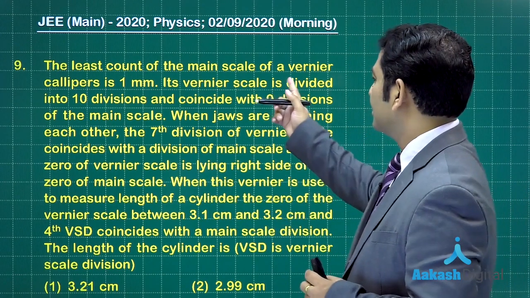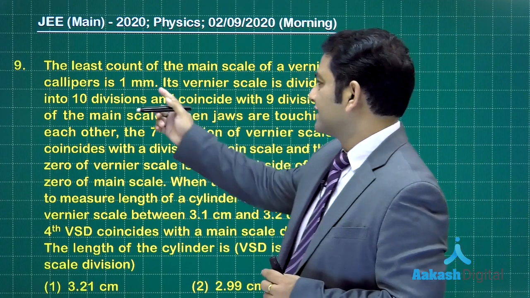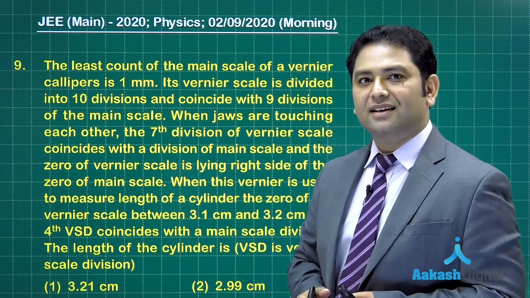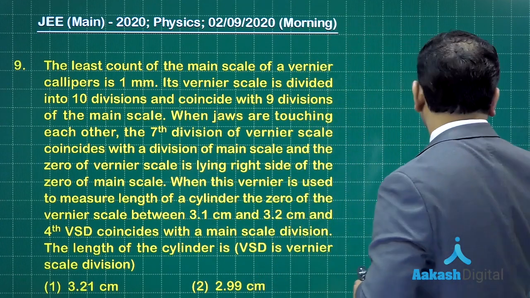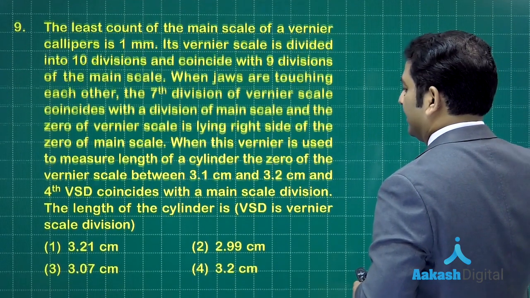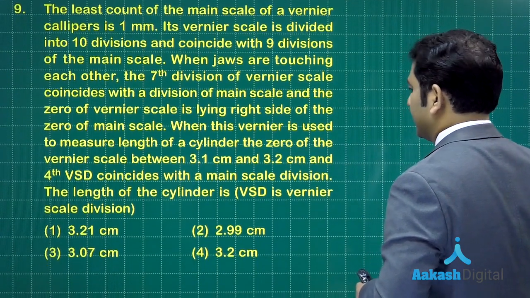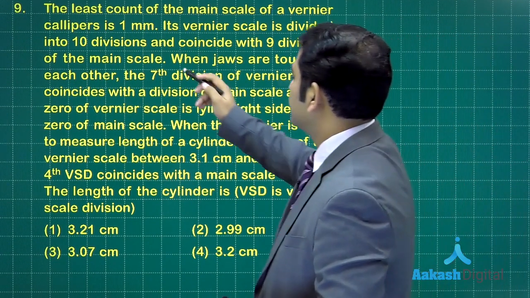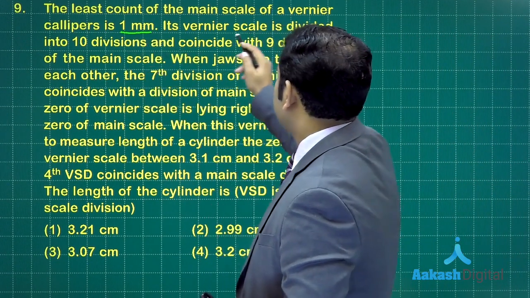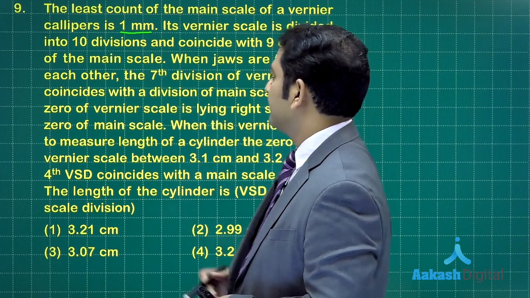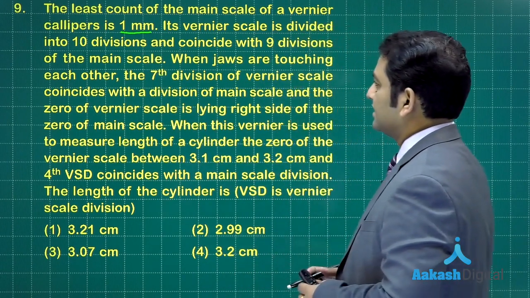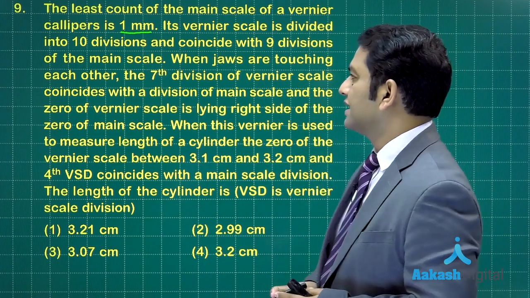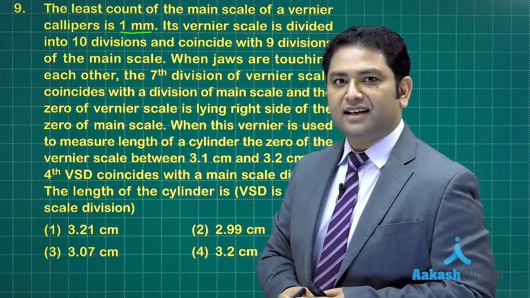The least count of the main scale is this much. So 1 MSD, the main scale division, is 1 millimeter. So the question says 1 MSD is 1 millimeter and there is a vernier scale which is divided into 10 divisions and it coincides with 9 divisions of the main scale.